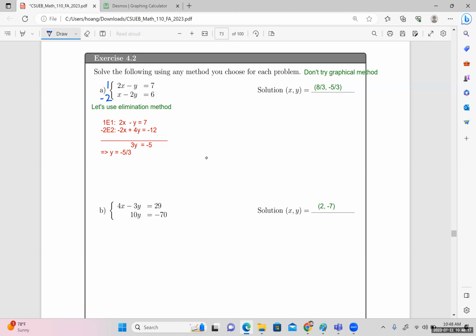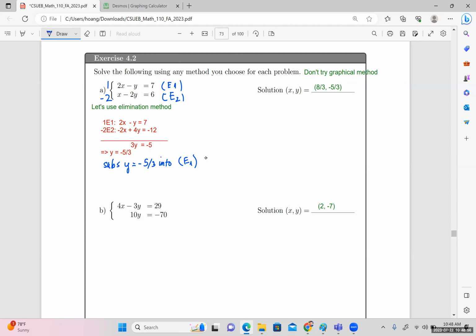So how can we handle after that? We substitute y equal to -5/3 into either equation 1 or equation 2, whatever you like. So let's choose equation 1. Here's equation 2. Which one do you like? Let's do equation 1. Okay.